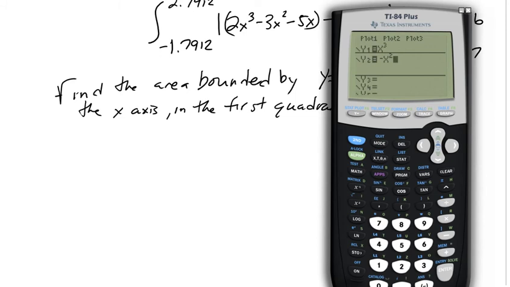It says it's going to be in the first quadrant, so I'm going to put 0 for x min and 0 for y min as well. Then I'm going to graph. You can see that little skinny region there. I'm going to make that bigger by changing my window. X max can be maybe 3, and y max we'll make 5, because it's awfully small the way it is.